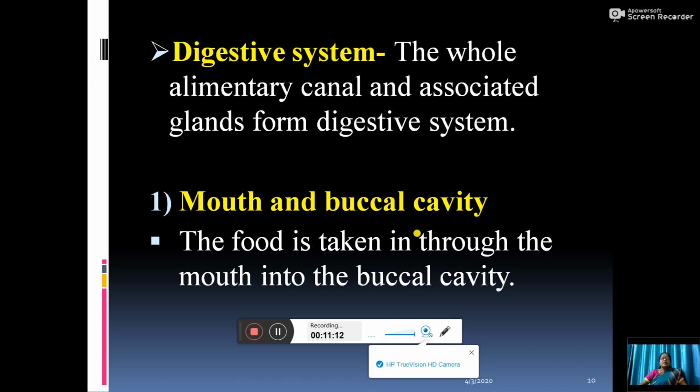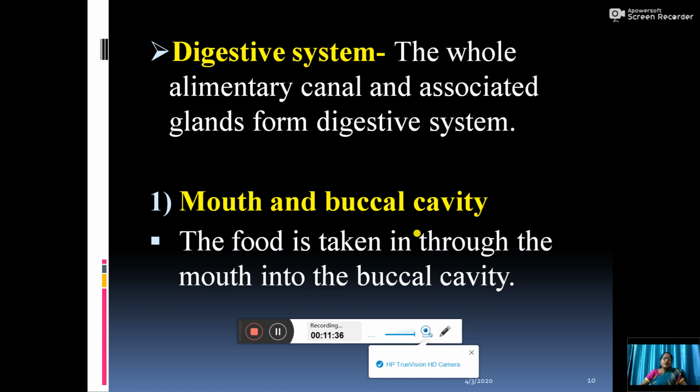It means the organs combine to form the digestive system, like mouth, food pipe, stomach, like this. So you know that our body contains several systems, and this is the digestive system.